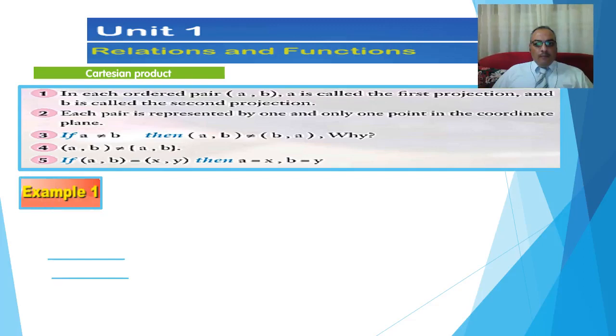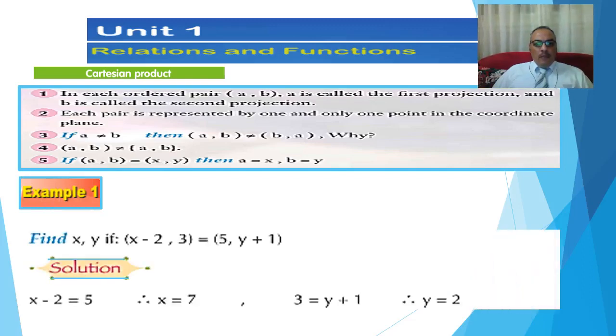For example, we need to find X and Y where the ordered pair (X minus 2, 3) equals (5, Y plus 1). So we take X minus 2 equals 5 and 3 equals Y plus 1.